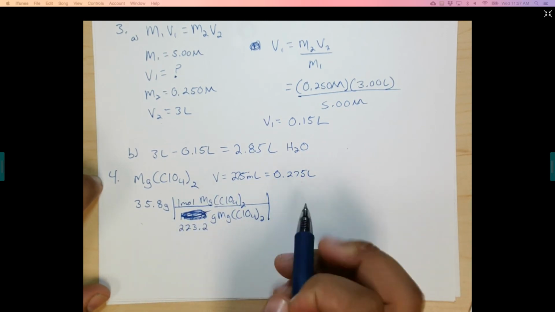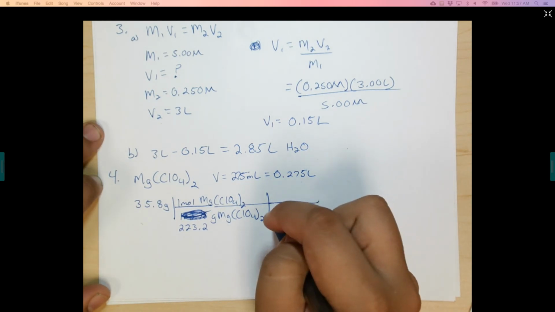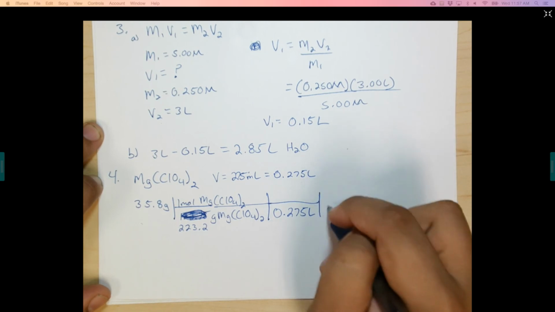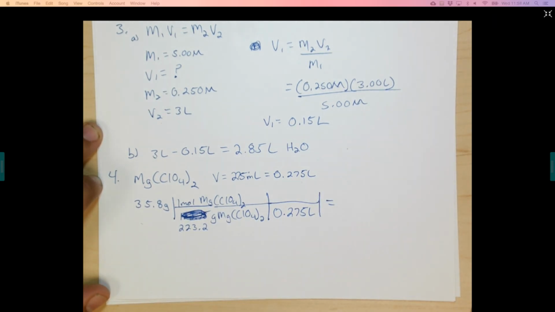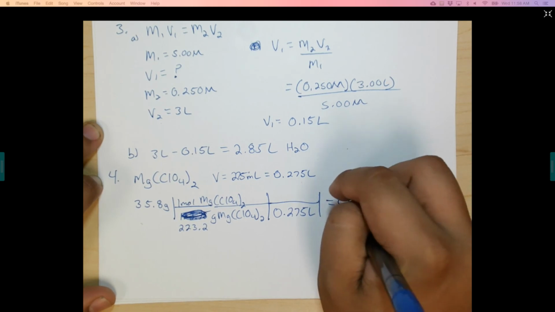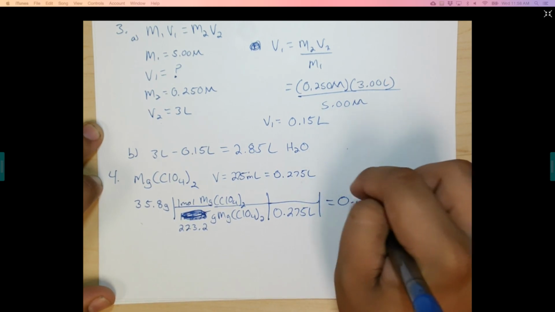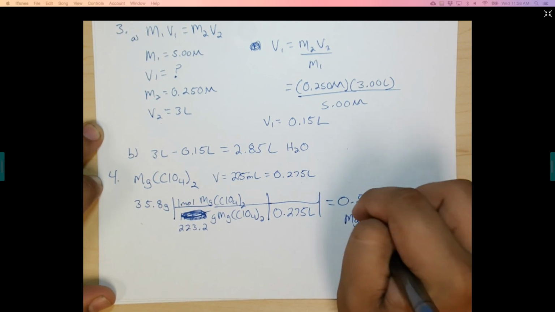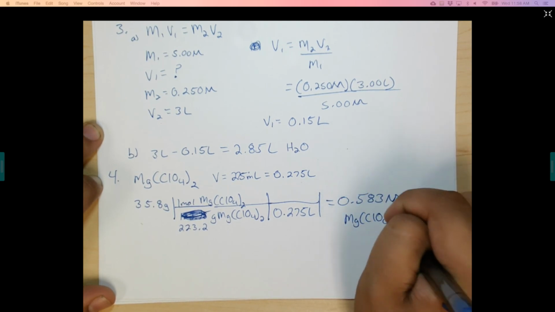To get molarity, we need the volume of solution in liters, 0.275 liters, and that will give us our answer. 35.8 divided by 223.2, divided by 0.275, should be 0.583 molar magnesium perchlorate.